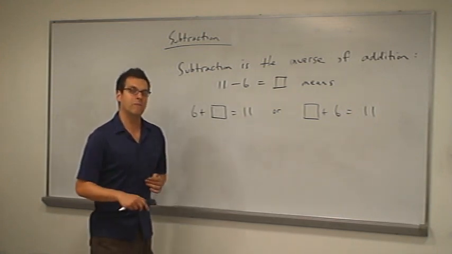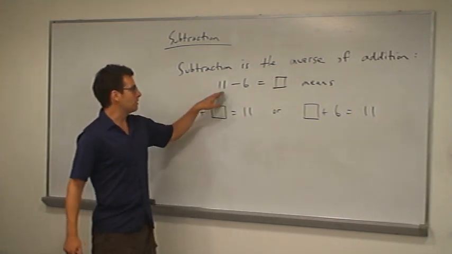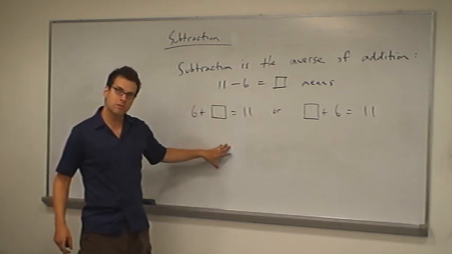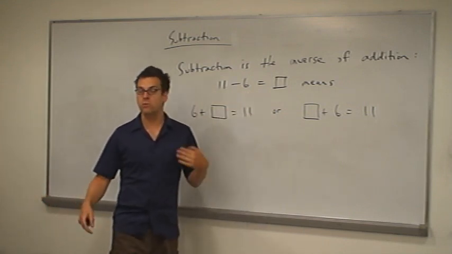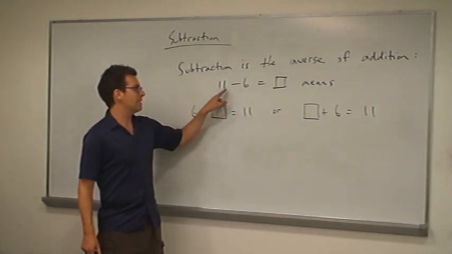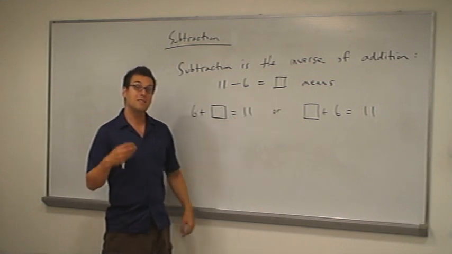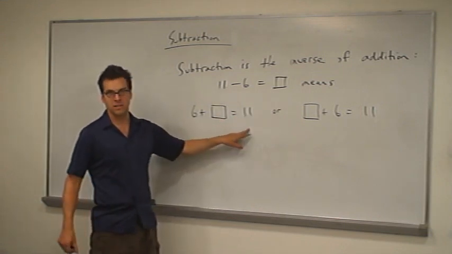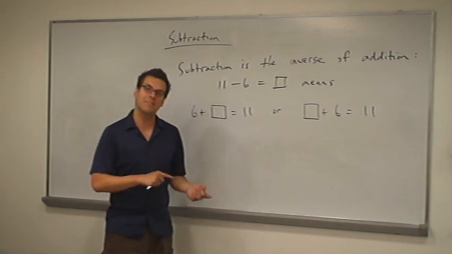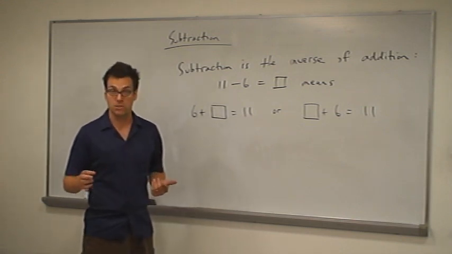On the other hand, if a student can connect 11 minus 6 to either of these addition problems, then, of course, in a perfect world, the student already knows their addition facts at this time, and they can think to themselves, well, the answer to 11 minus 6 is the same number that adds to 6 to get to 11. So that can help them with their subtraction computation if they can connect them to addition computations.